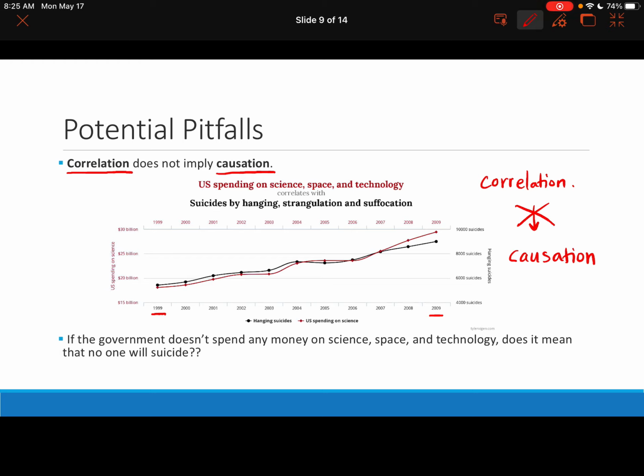If there is a causal effect here, then maybe we should spend less on science, space, and technology, in order to have a smaller number of suicides, if they have causation. But that's not true. So even though they have correlation, there's no causation between these two variables.